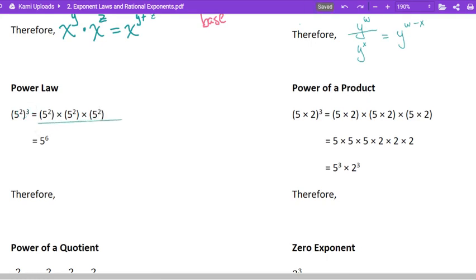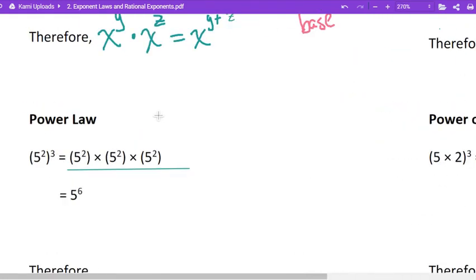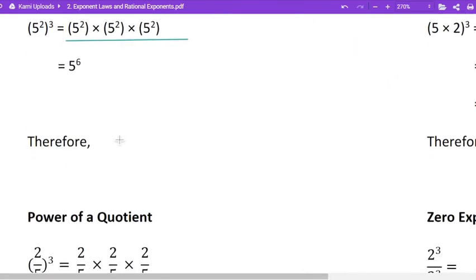And we broke it down by saying, oh, this is 5 squared times 5 squared times 5 squared, and I know that I can add up these exponents. So if I have x to the power of w all to the power of y, what is the generalized statement? Again, either write it down or tell the person you're sitting next to what you think it will be.